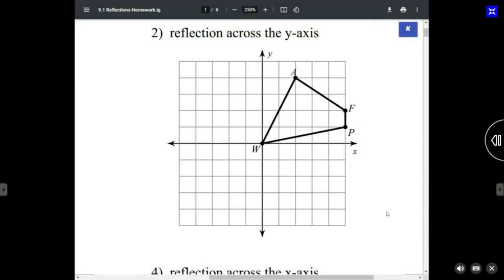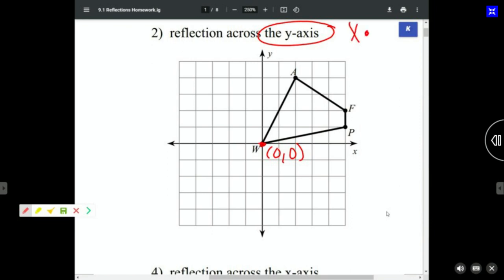So look at W. W is 0, 0. When I go across the x-axis, I have to do y times negative 1. What do you think I'm going to do when I want to go across the y-axis?